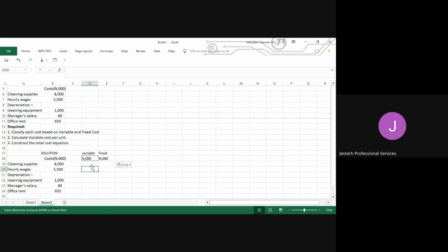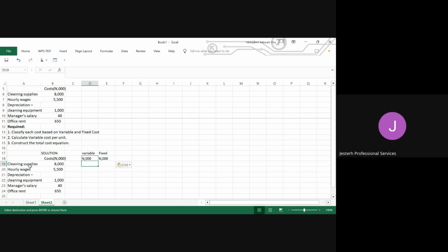Now, how are we going to classify these costs? Some of you might be thinking, how are we going to classify? Let's look at it very well. Cleaning supply is fixed cost or variable cost?